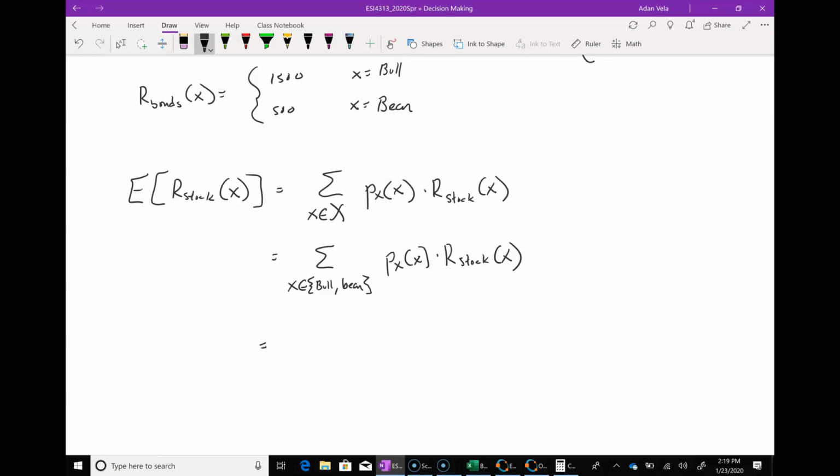First, we plug in bull, and we take the probability of x where it's bull, times the reward of stock where it's bull, plus the probability of bear, times the reward that you get investing in stock when you have a bear market.